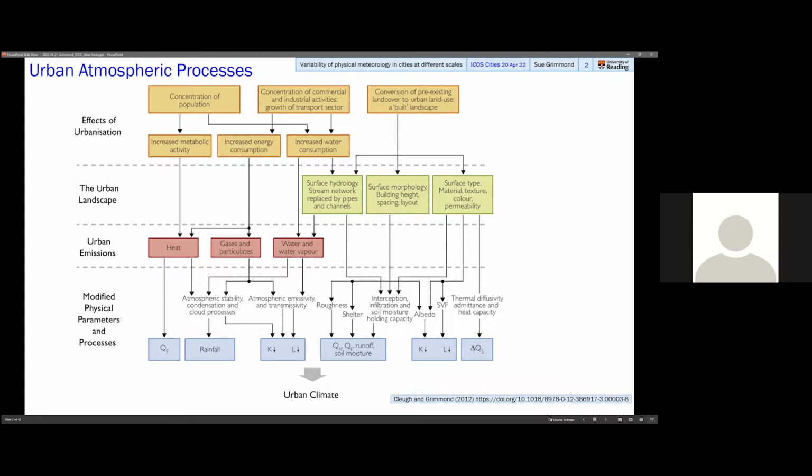With this feedback, we could get enhanced CO2 emissions, both locally and/or regionally, depending on sources of energy. The amount of vegetation and the extent of water bodies will influence the partitioning of the turbulent sensible heat flux, QH, and the latent heat flux, QE.